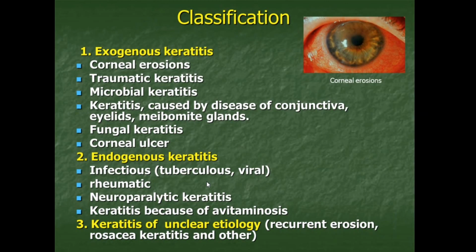As for exogenous keratitis, we can divide it into corneal erosion, traumatic keratitis, microbial keratitis, keratitis caused by diseases of the conjunctiva and eyelids, fungal keratitis, corneal ulcer. Endogenous keratitis may be infectious like tuberculosis or viral, rheumatic, neuroparalytic, or keratitis because of avitaminosis.